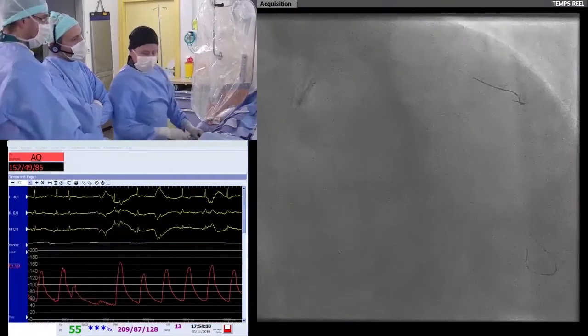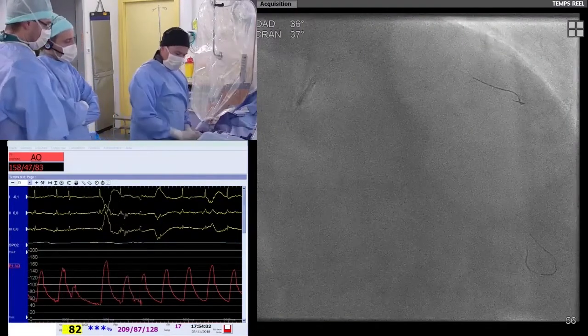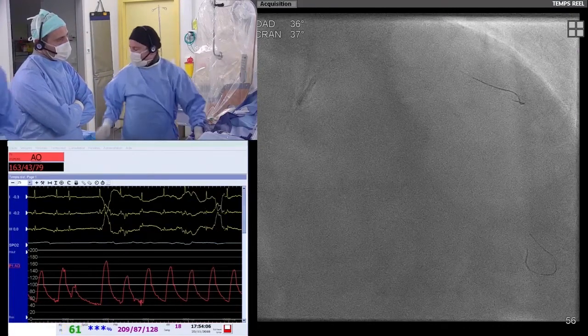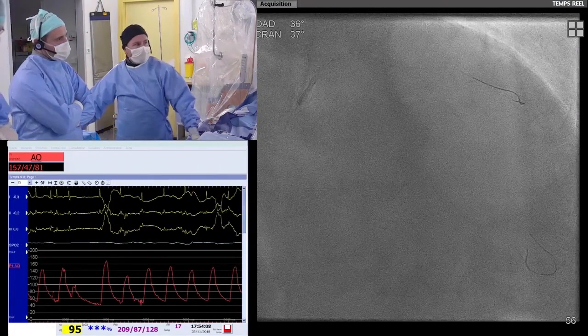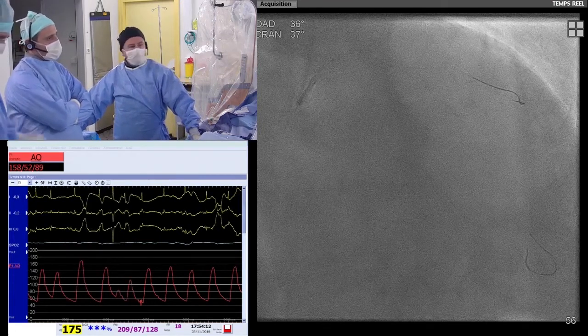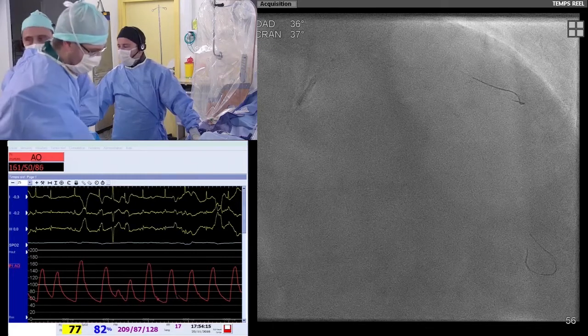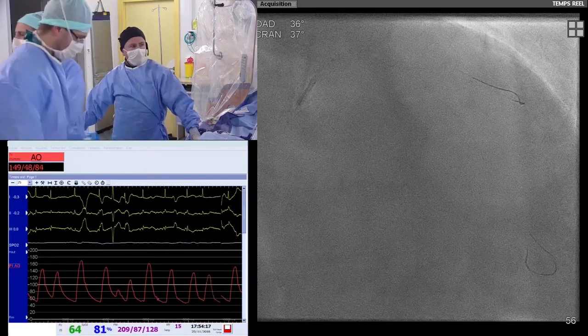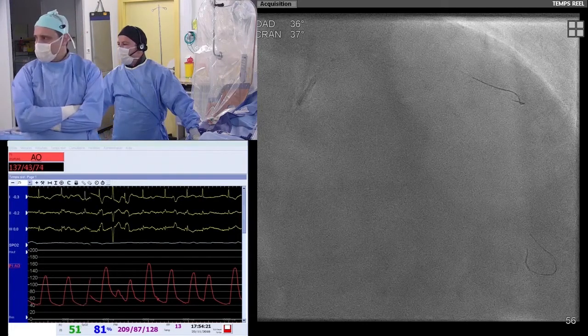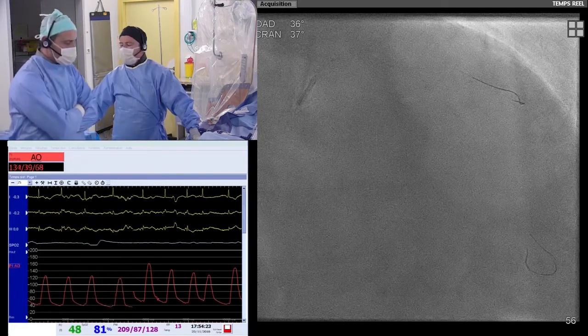So if you're okay, we will try to advance the stent in this distal lesion, in this long lesion. In case of failure, we can use a guide catheter extension. I think we will see, because due to the left main lesion, I hope we will succeed to cross this lesion with the stent.